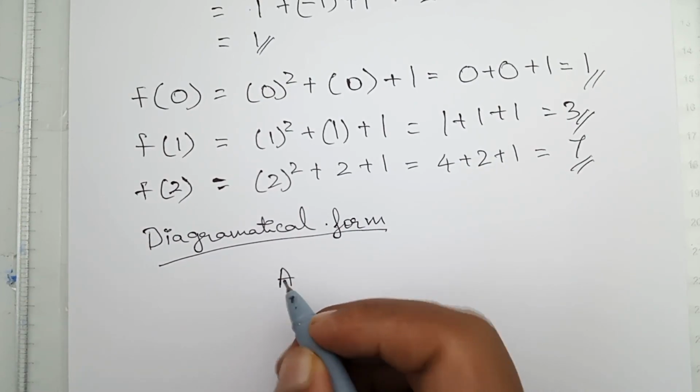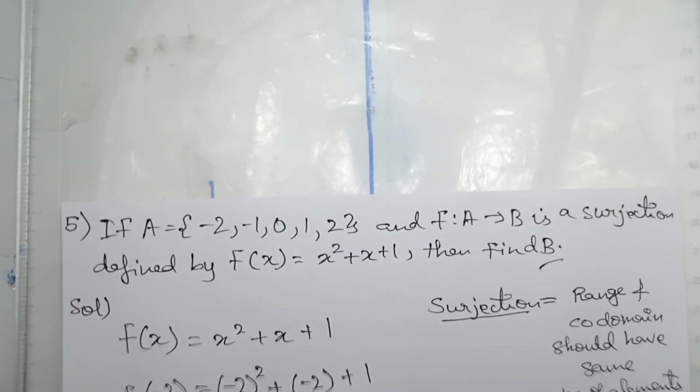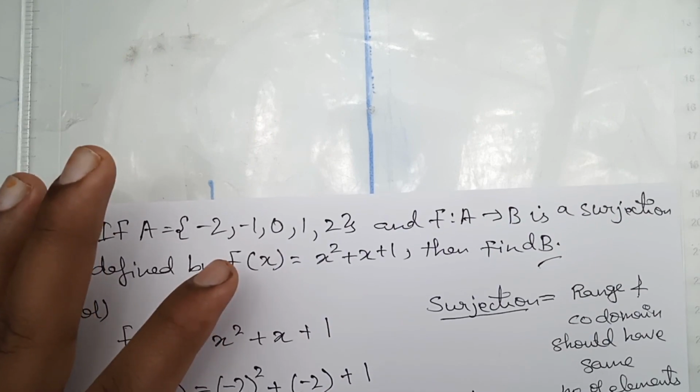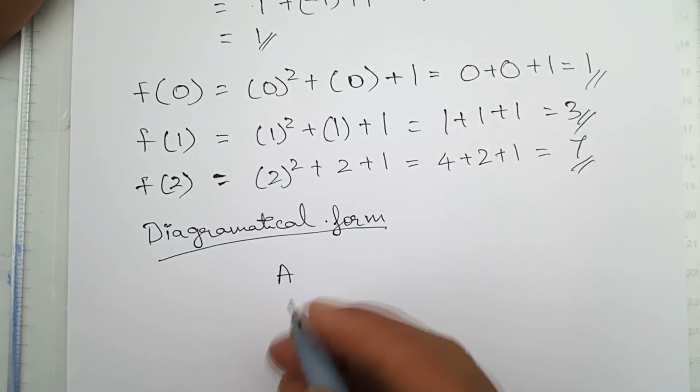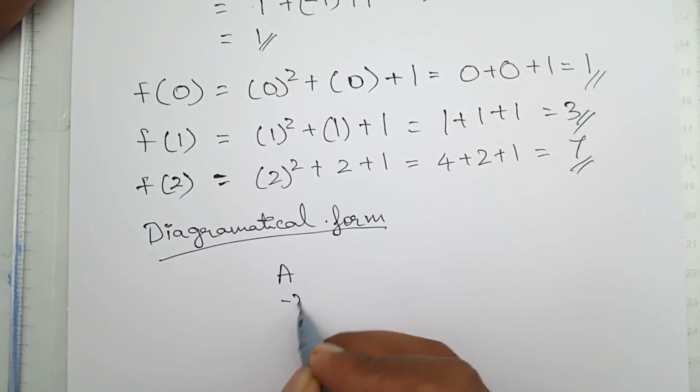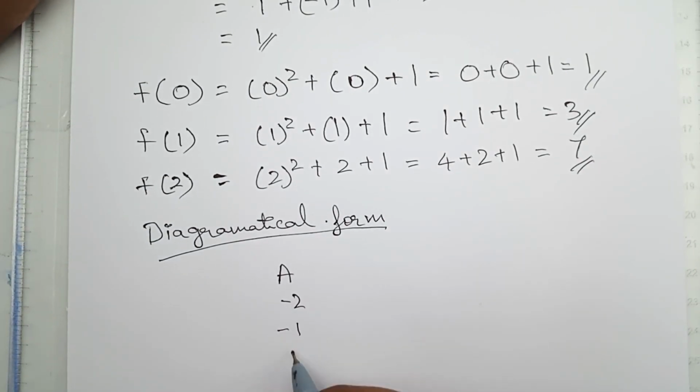So in A we have what elements? In A we have -2, -1, 0, 1 and 2.